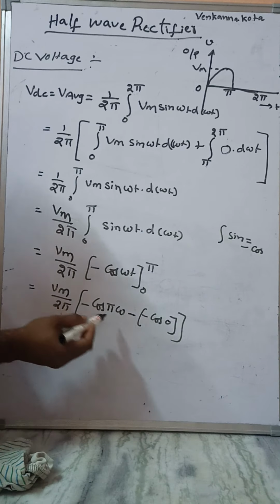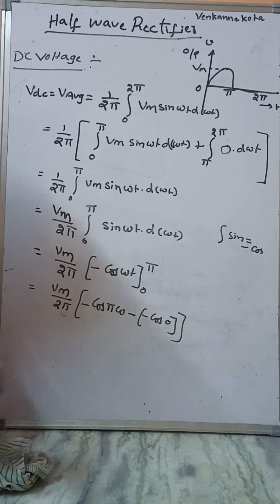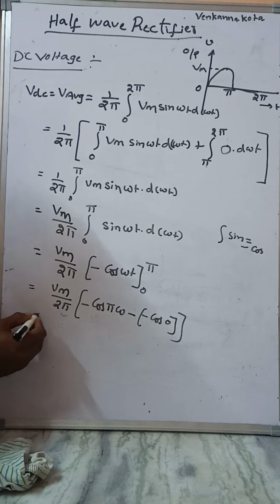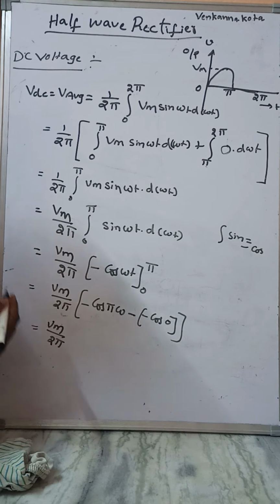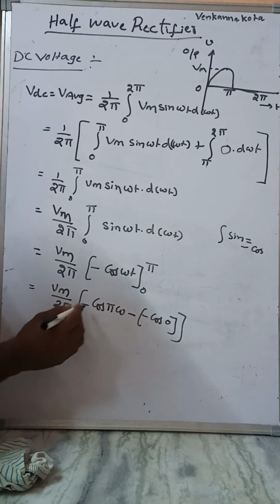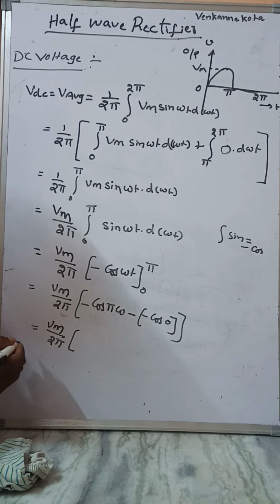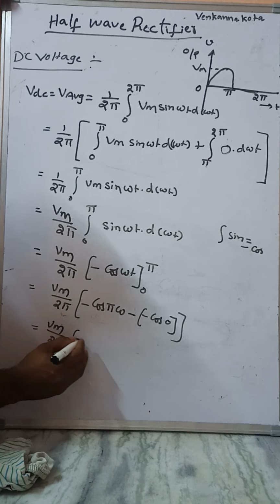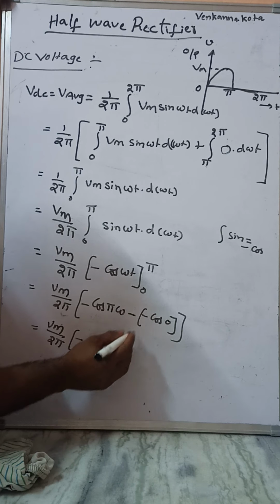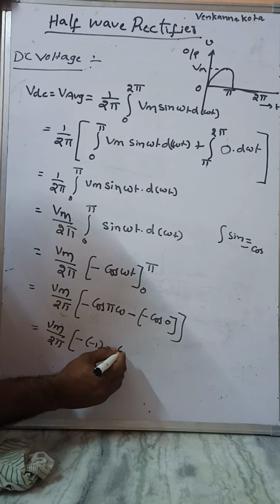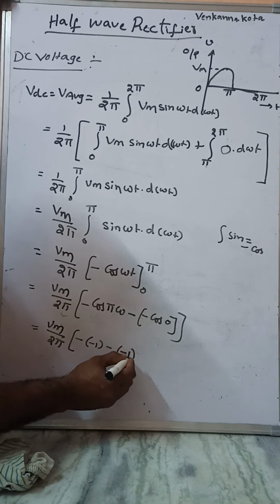So this is the upper limit pi and the lower limit 0. So here Vm by 2 pi, minus cos omega. So cos of pi becomes minus 1, minus of minus 1, and minus of cos 0 is minus 1.